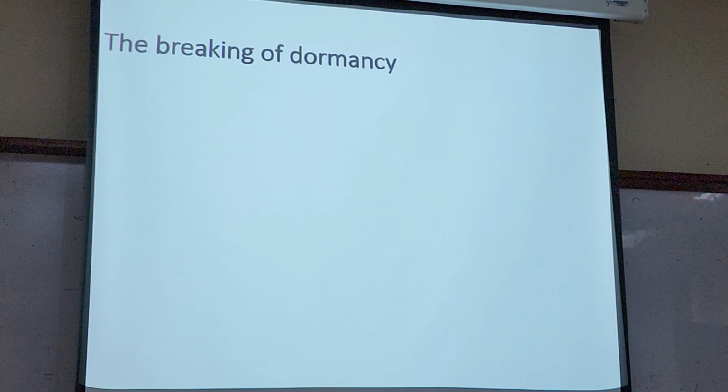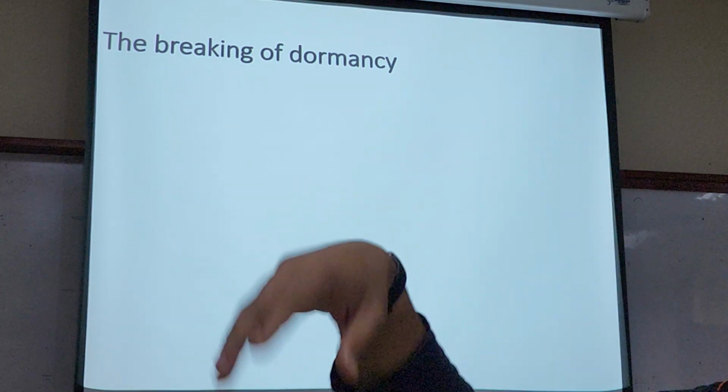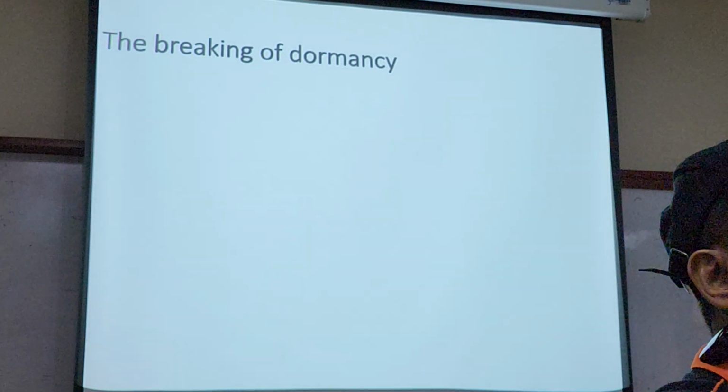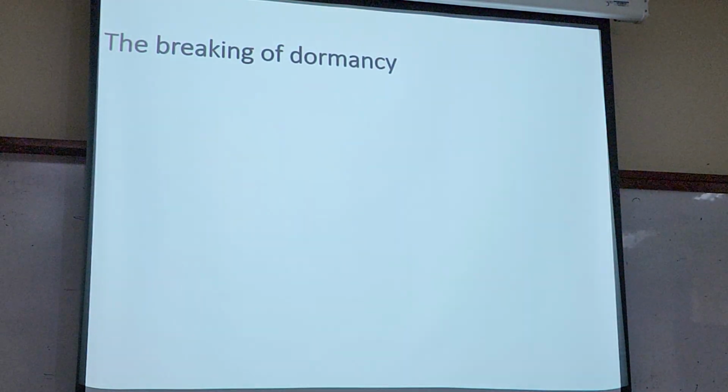So to break the dormancy or to awaken the seed, it's not like waking you up from sleep, but rather it involves a cascade of reactions, a chain of reactions. One thing leads to another, then you get your eventual event, which is the seed awakening in the form of a spurt in growth. But in order for this to happen, a number of things need to be set in place first.